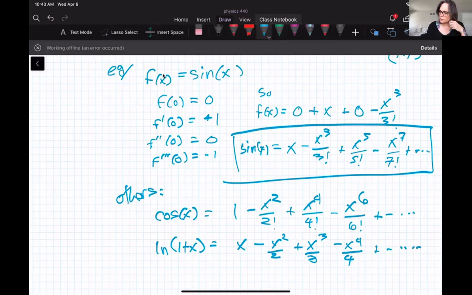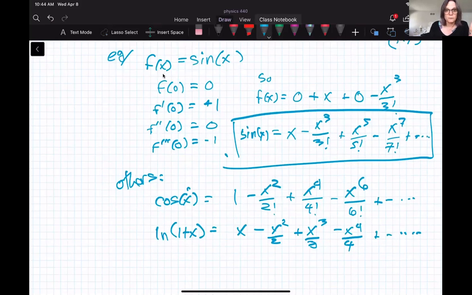You can show that both the sine and the cosine functions converge uniformly for all values of x. For the natural log, this converges uniformly in the interval minus 1 to 1.